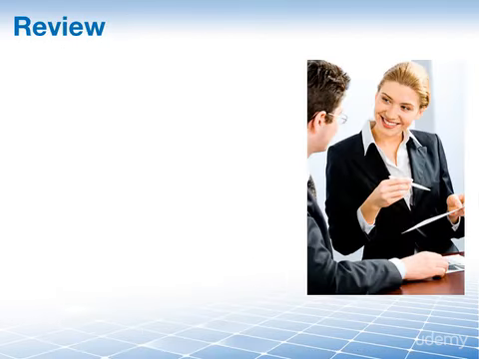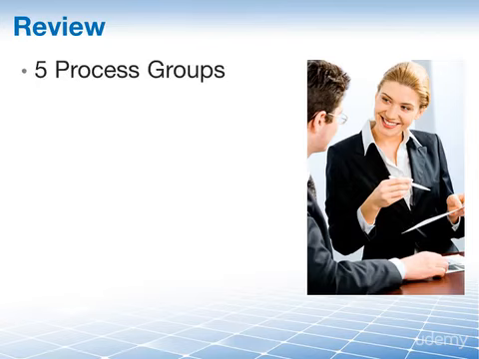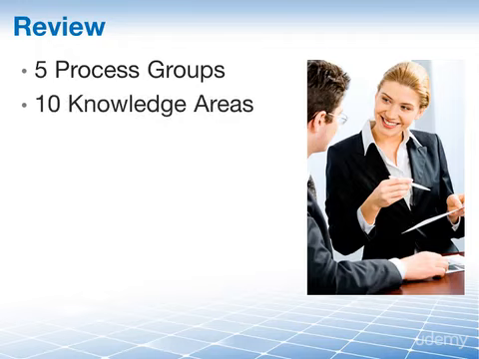Let's review what we have learned in this lesson. There are 5 process groups, which are initiating, planning, executing, monitoring and controlling, as well as closing. There are 10 knowledge areas, and they are integration, scope, time, cost, quality, human resources, communications, risk, procurement, and stakeholder management.